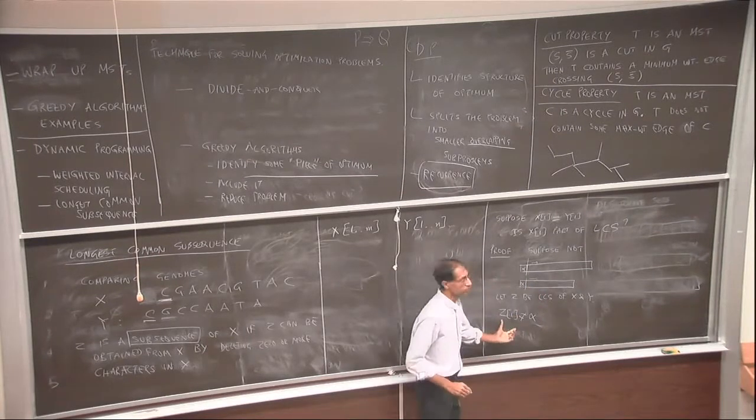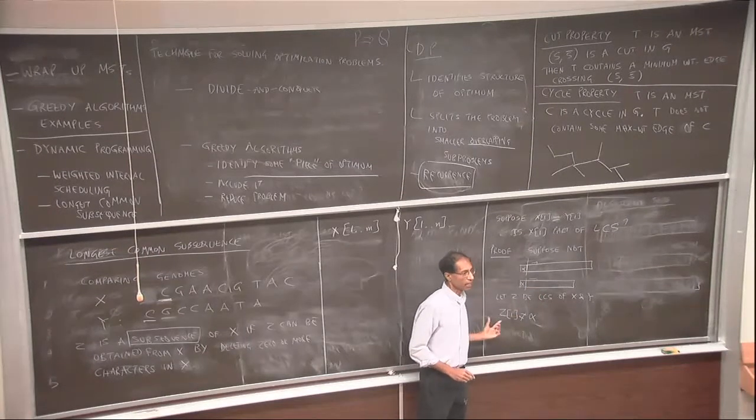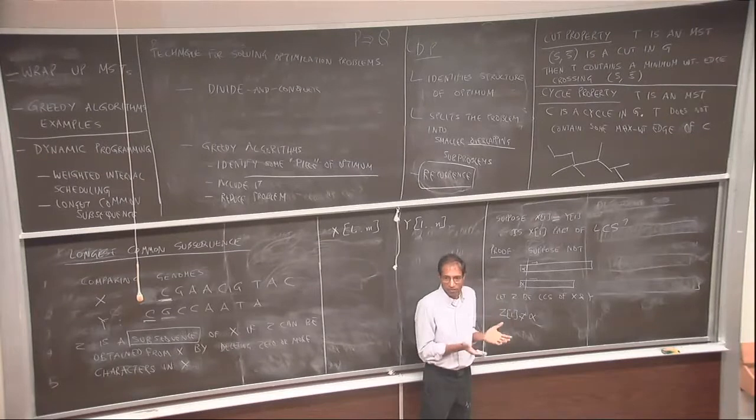So what can you do? You can just add alpha ahead of that and find a new longest common subsequence there. It's almost like trivial algebra.